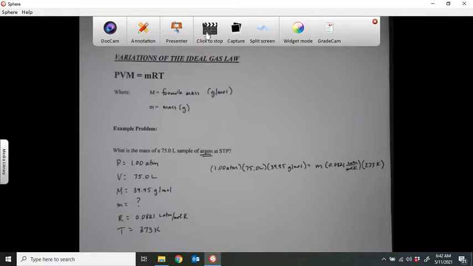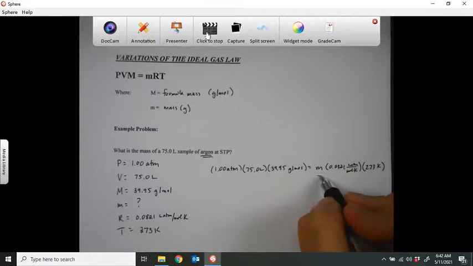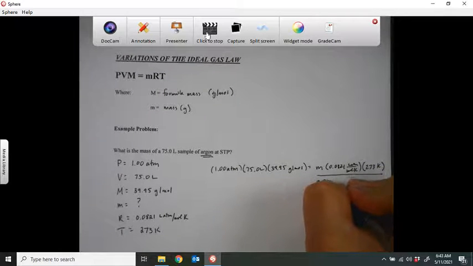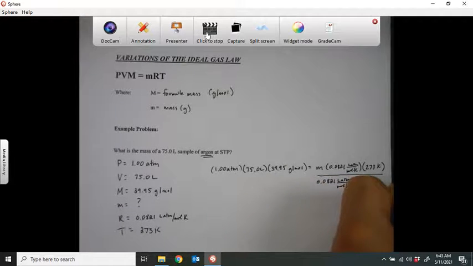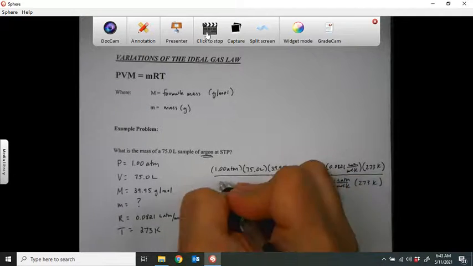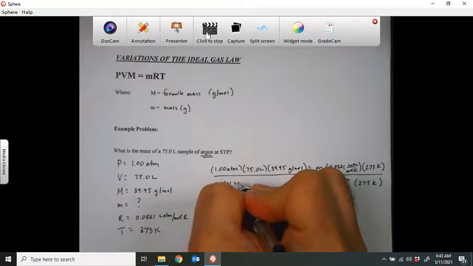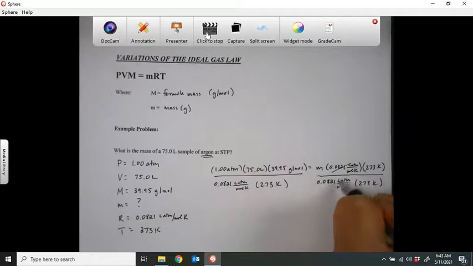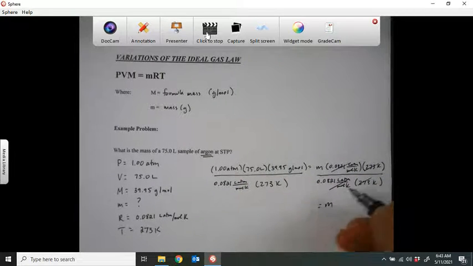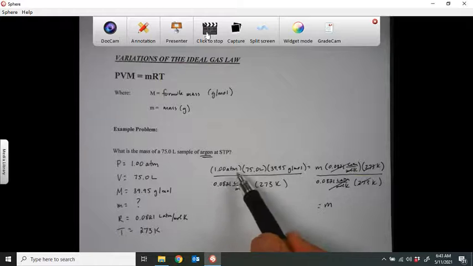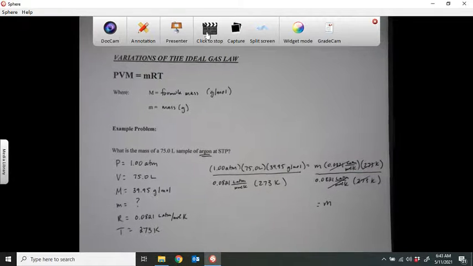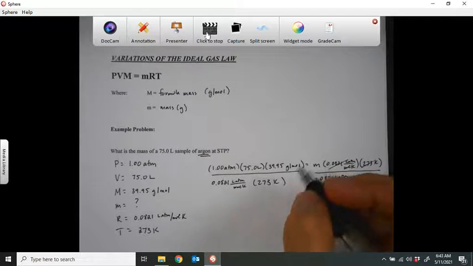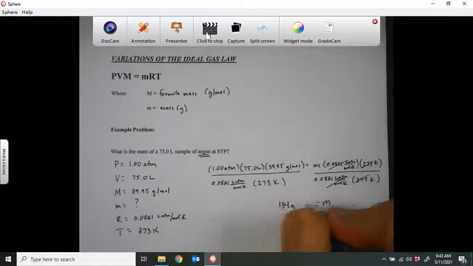In this case, we have to get little m by itself, so we're going to divide both sides by our R value and T. That crosses these out, leaves us m by itself. All of our units are going to cross out, so atmospheres and liters, and then Kelvin and moles, and it's going to leave us with grams. We need 3 significant figures, so that means that we have 134 grams.